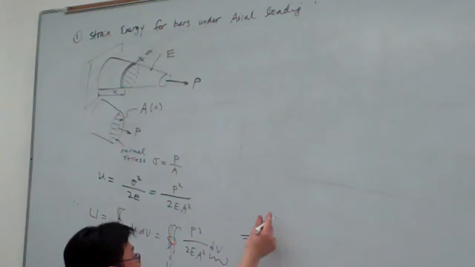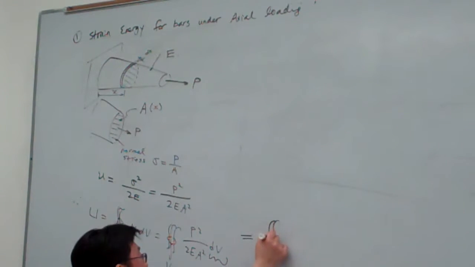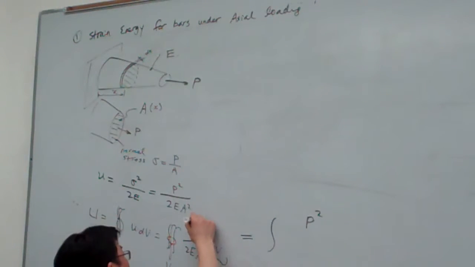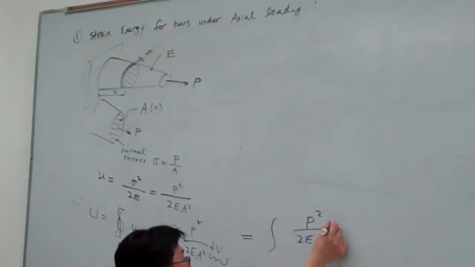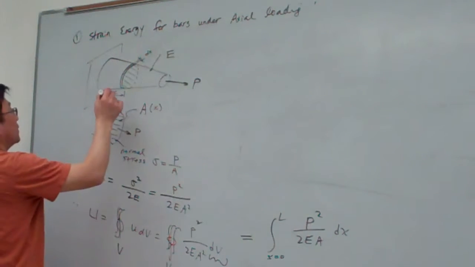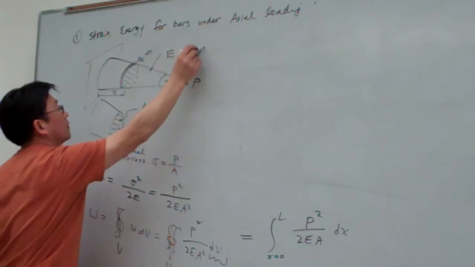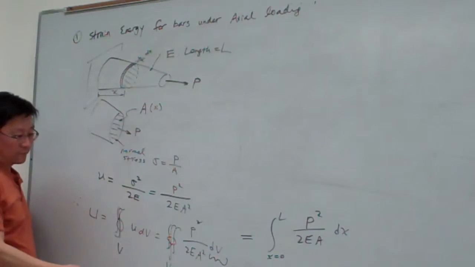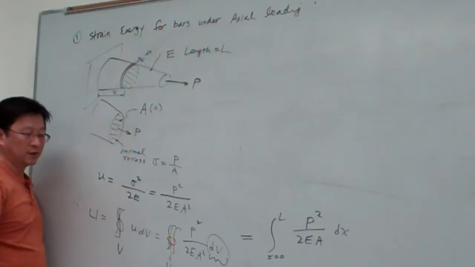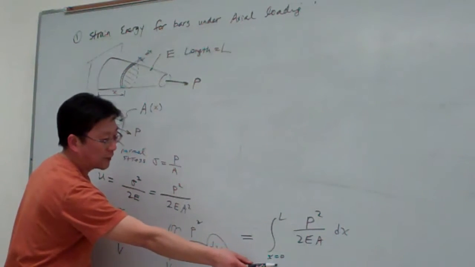So we can write P squared over 2EA dx, and this is a line integral from x equal to 0 to L, if the length equals L. So we simply replace dV by A dx, and simplify the volume integral into a line integral like this.